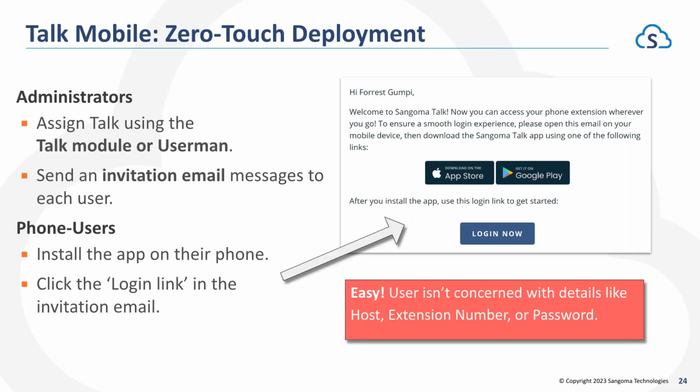We did talk about how my solution is so much easier than everybody else's to provision. Basically, admins will log into the PBXact GUI and assign an email address to extensions that we want to have someone set up to use a Softphone for.